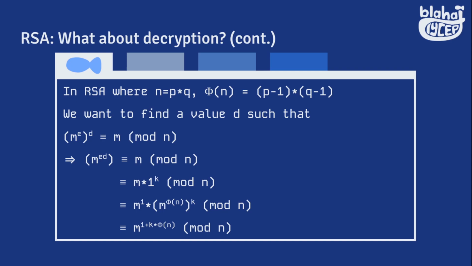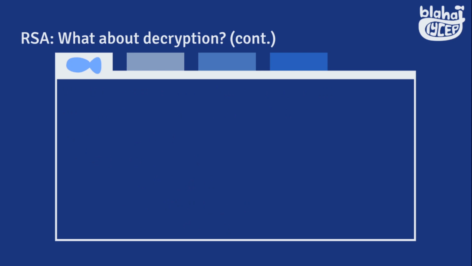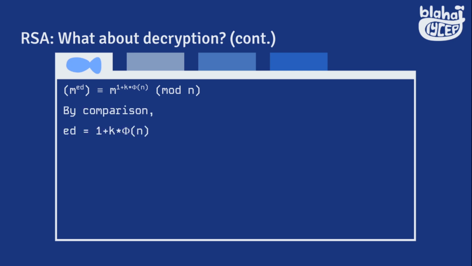Everyone following so far? Do you understand how we jump from this line to this line and to this line? Yep. Alright, great. So next slide. Now once we have done that, I'm moving back to this whiteboard. We can compare the left hand side and right hand side, and we can deduce that e to the power of d is equal to 1 plus k times phi of n.